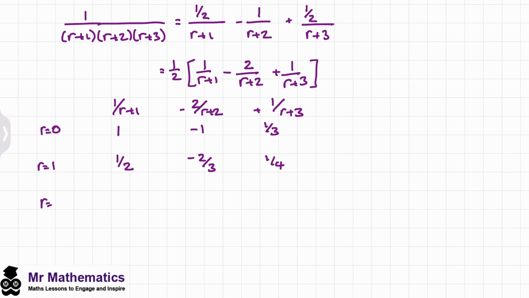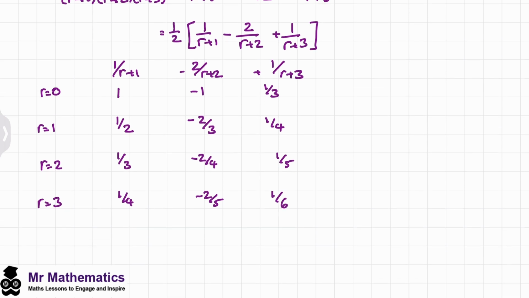We'll do a few more. So we get 1 over 3, minus 2 over 4, and 1 over 5. When r equals 3, we get 1 over 4, minus 2 over 5, and 1 over 6.